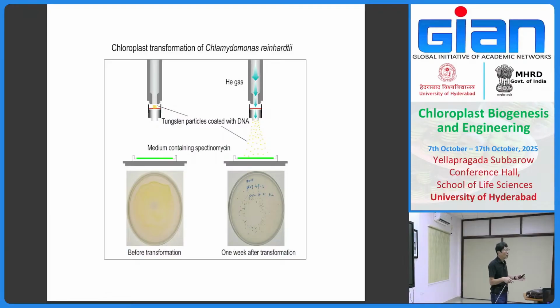We choose the concentration of spectinomycin properly, so it does not immediately kill cells. It's easy. You just shoot and put it in the incubator, and you don't need to care. One or two weeks later, you come back and see many colonies. Then you will be happy.